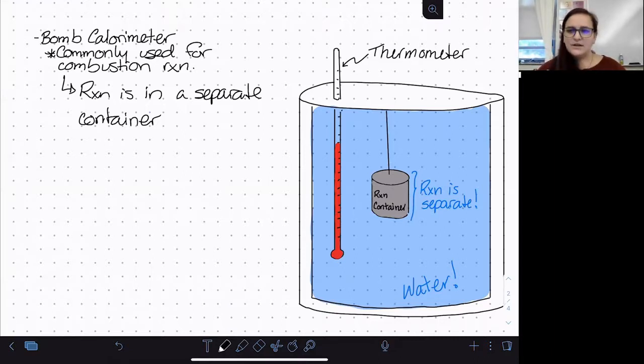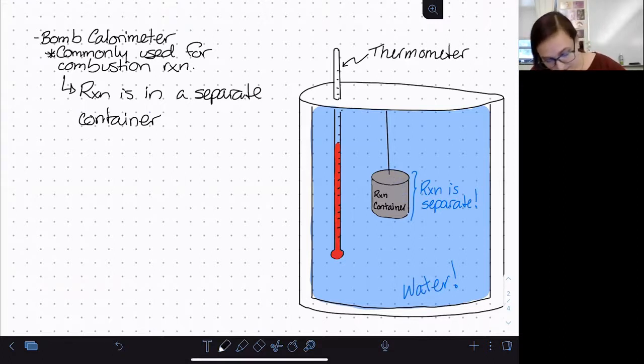So really the only difference in how you approach these from a problem-solving stance is that mass that we talked about. The mass of the solution has to be the mass of everything together. But here, what you're measuring isn't everything together. You're truly only measuring the water. Your thermometer is not in the reaction itself.